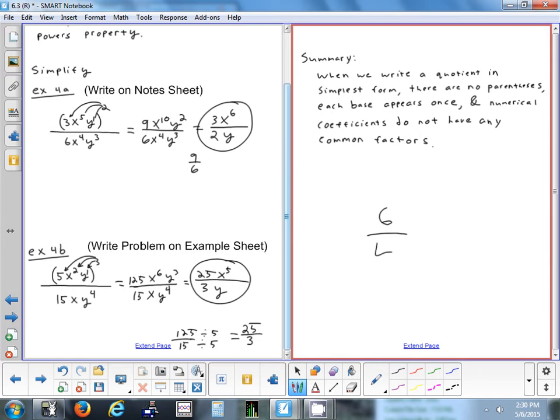If you write 6 over 4 as a final answer on a test, something's wrong. There's a common factor. 6 and 4 can both be divided by 2. This should be the final answer. So look for those things: no parentheses, each letter appears once, no common factors like 2. Any question on that?